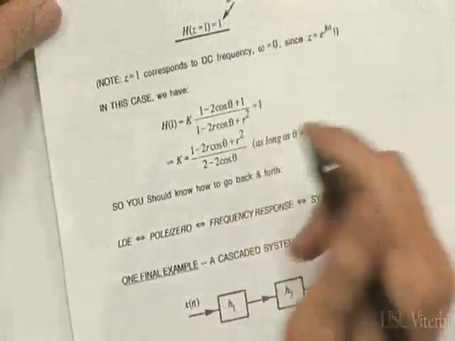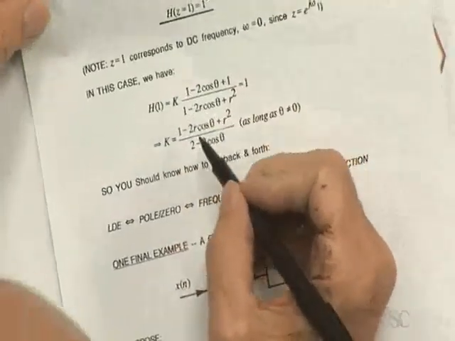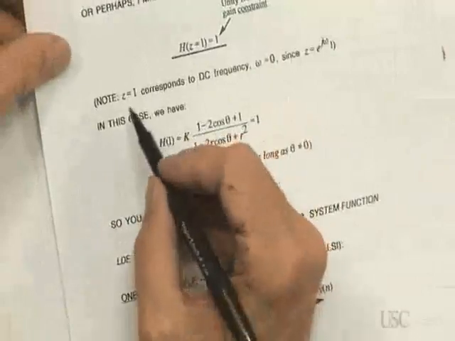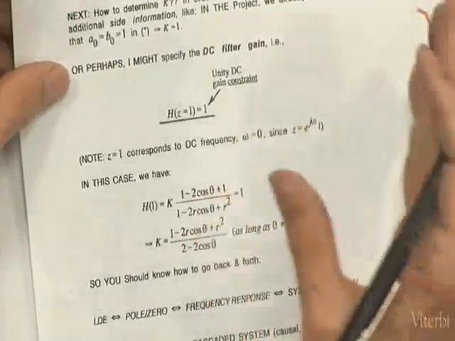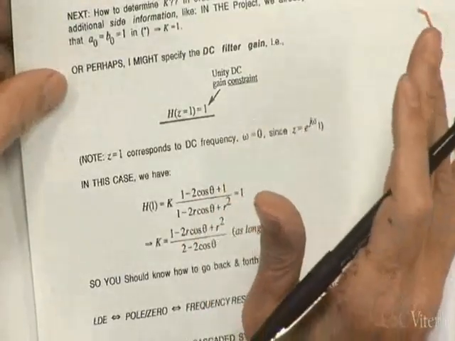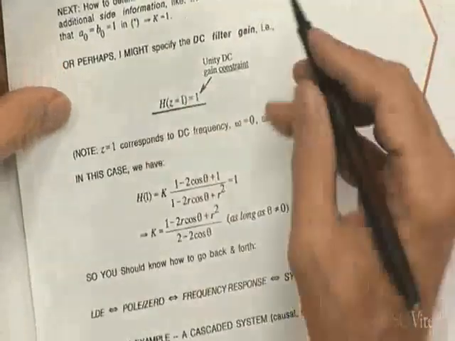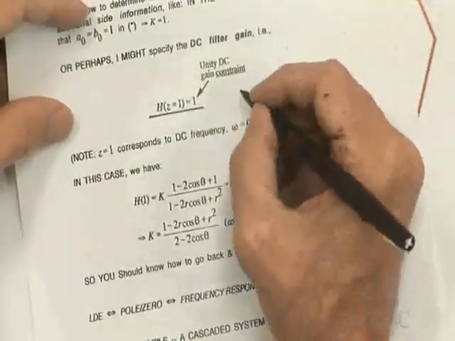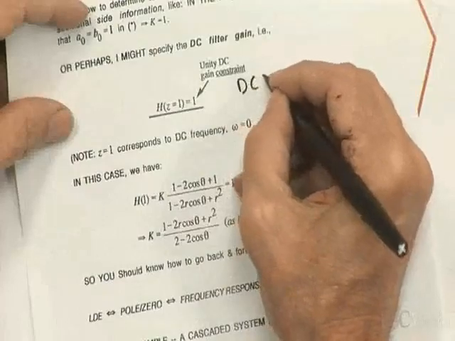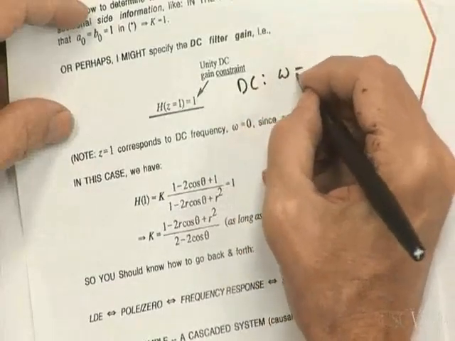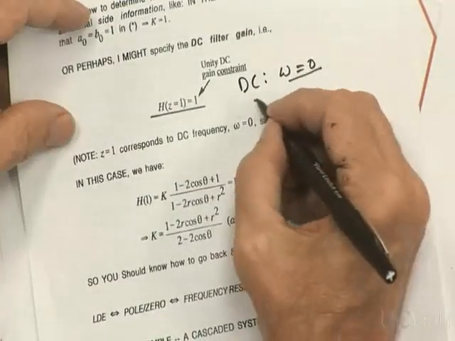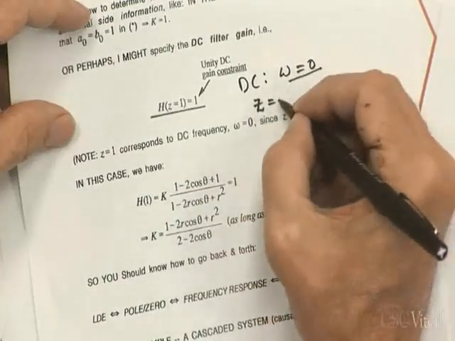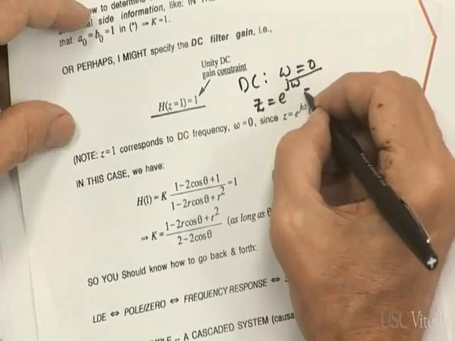Note z, up here. Suppose my side information was that I told you the filter had DC unity gain. Now, what does that mean? Well, DC corresponds to a frequency of 0. If the frequency omega is 0, that means that z, which is equal to e to the j omega, is 1.